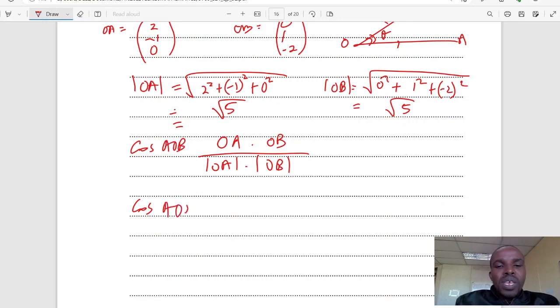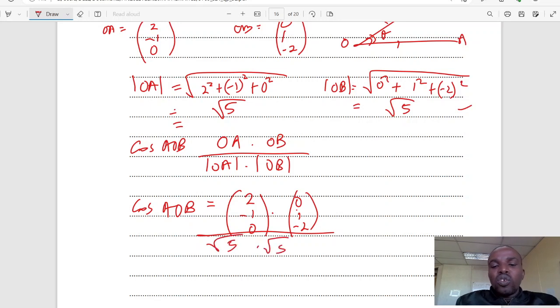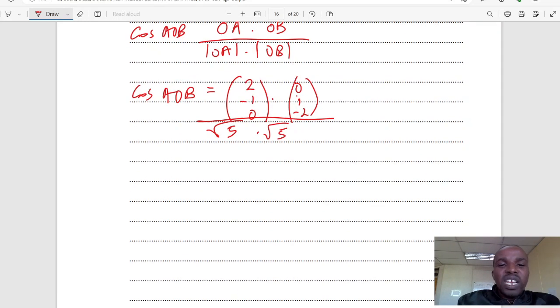So cos AOB is equal to OA dot OB. What is my OA? It is (2, -1, 0), dot, what is my OB? It is (0, 1, -2), over the modulus. I have already found them, so it will be root 5 times root 5, which simplifies to 5.